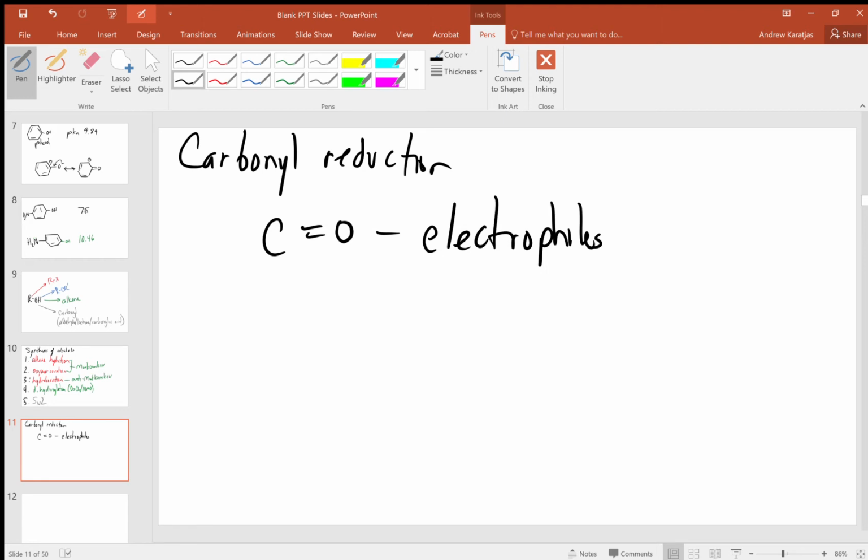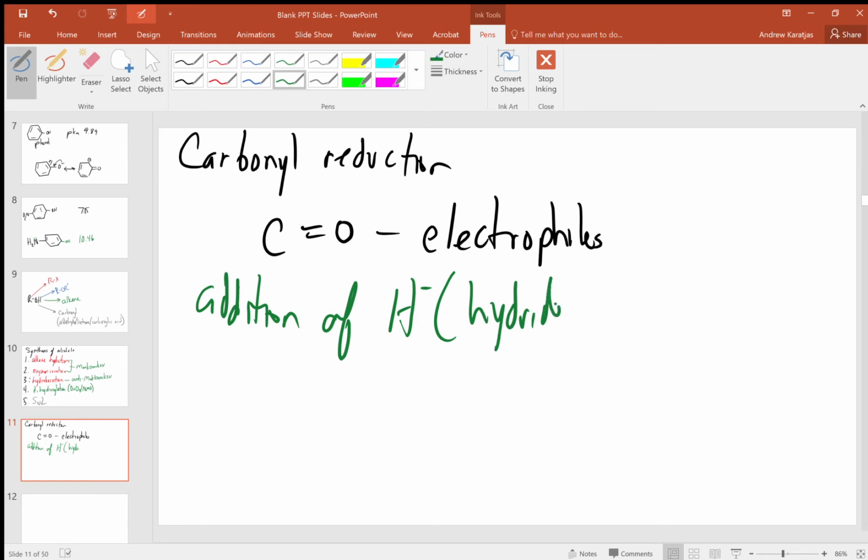So what kind of reagents do we need to do a reduction of a carbonyl? Well, it's the addition of H- or hydride. And so there's 2 very, very common reagents that we use for this reaction.